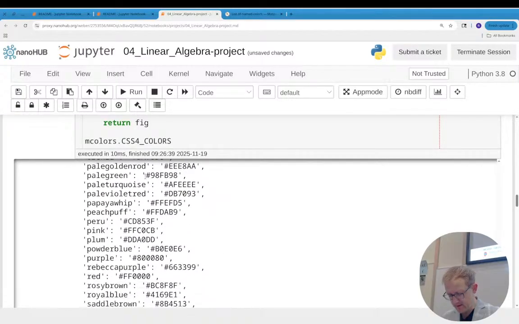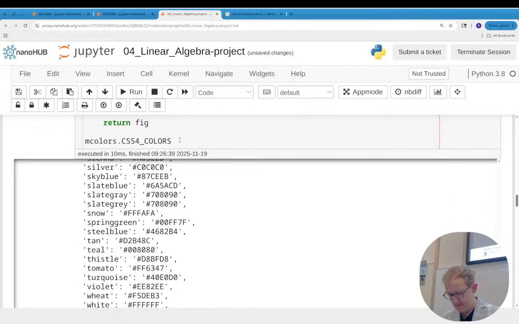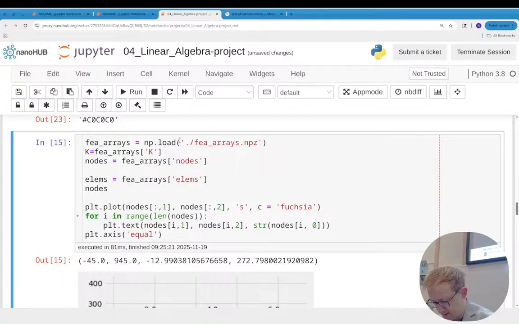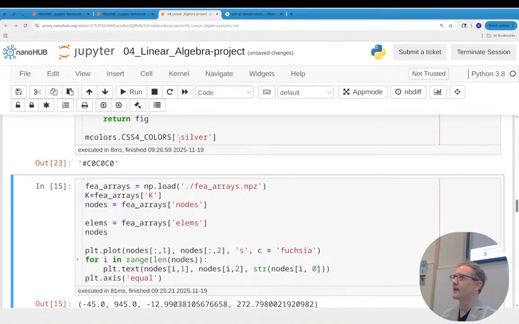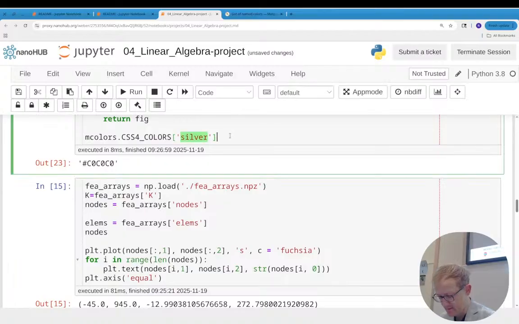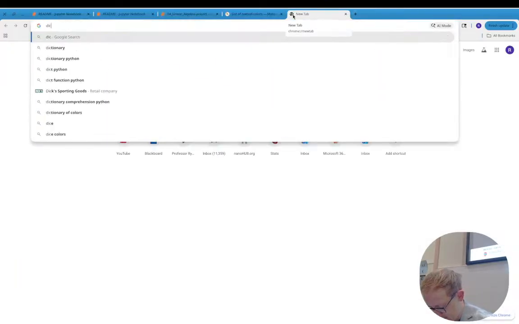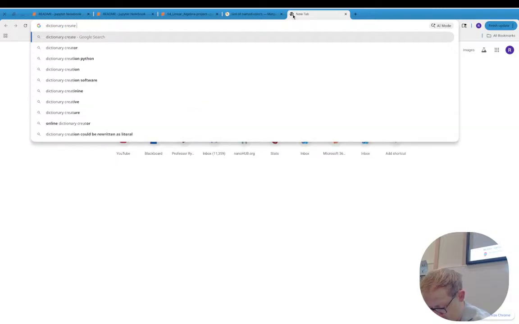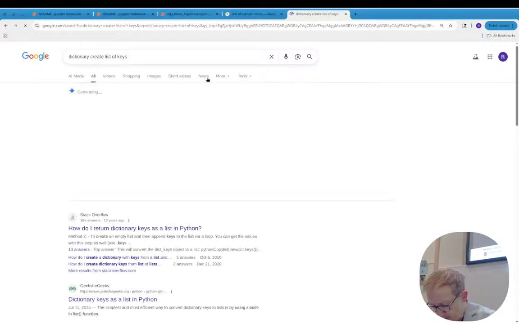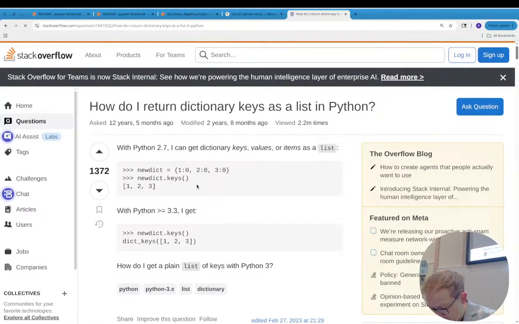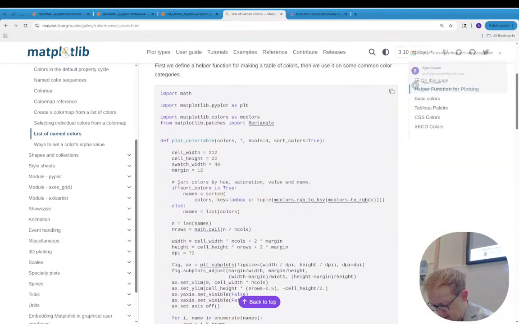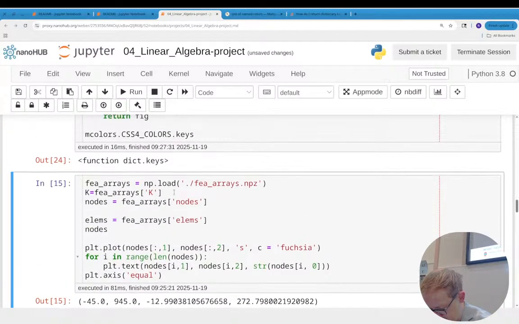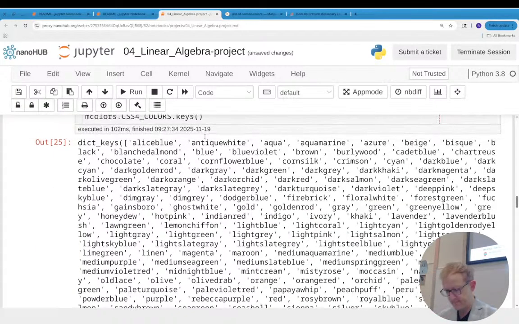And I'm trying to figure out, I know I can just say silver, but how do I get all the values? Got keys. Oh, look at that.